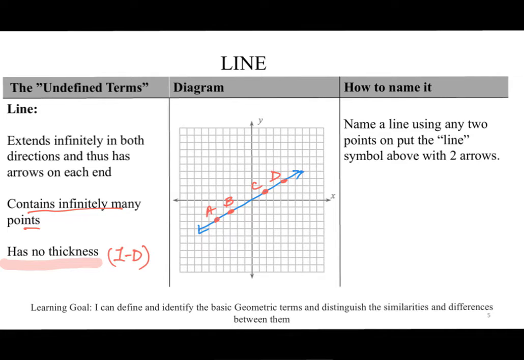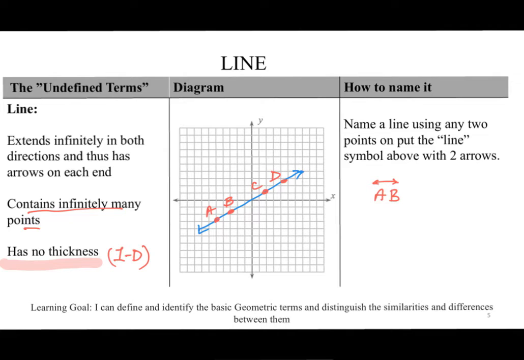Now, for when we want to name a line, there's actually a couple different ways to do this. The first one is if we know some of the points on the line, as we can see on our diagram, we can choose 2 of those points. I'll choose, for example, points A and point B, and then we just have to draw the little line symbol over those 2 with its end arrows to represent line AB.